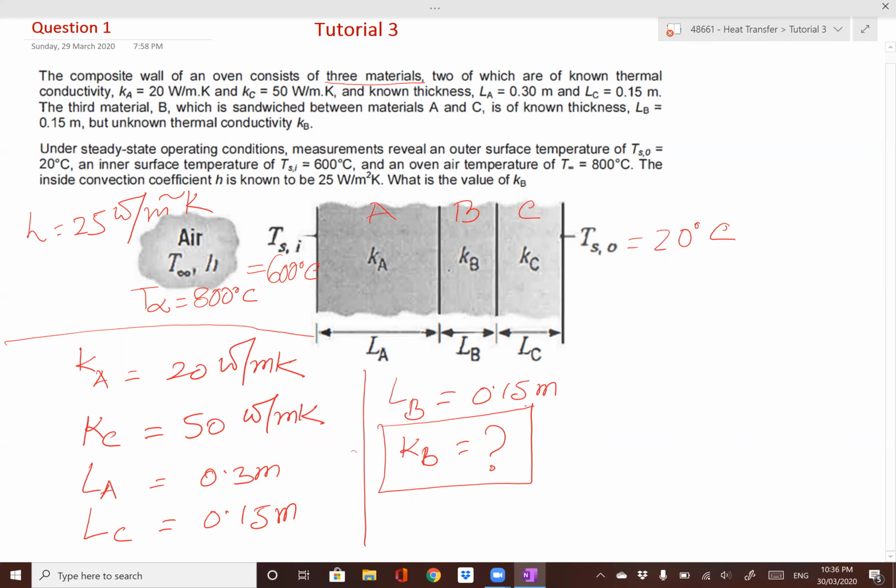So this problem we will solve based on some assumptions. The assumptions are: first, the steady state condition.